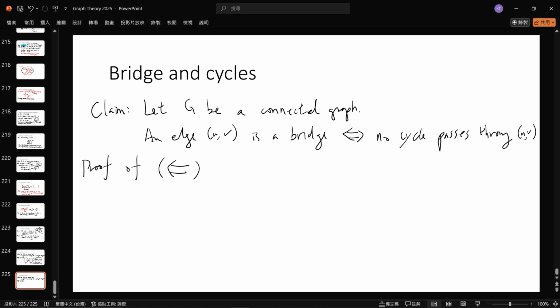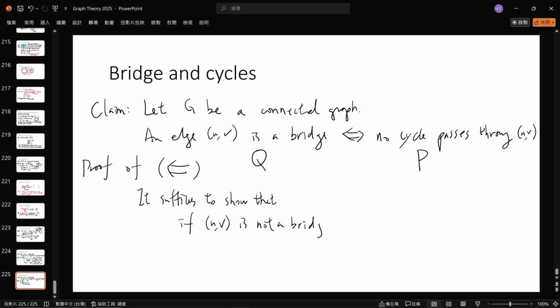So this is P, and this is Q. The statement that we're going to prove is equivalent to: if not Q, then not P. So we're going to show that if UV is not a bridge, then there's a cycle that passes through it.